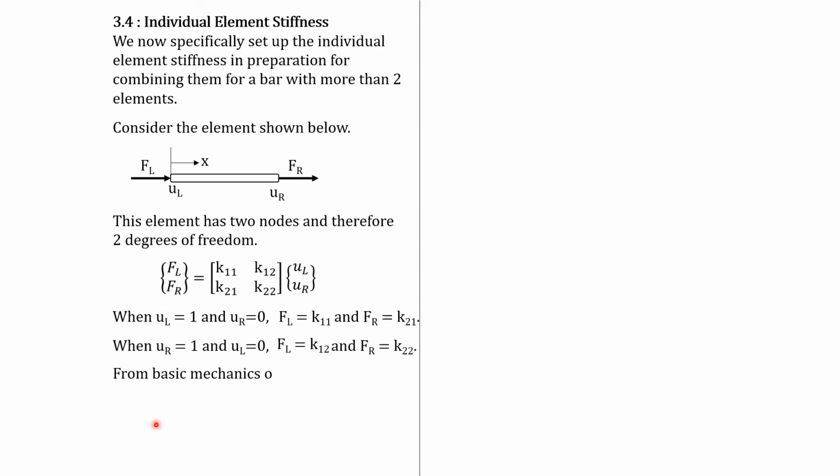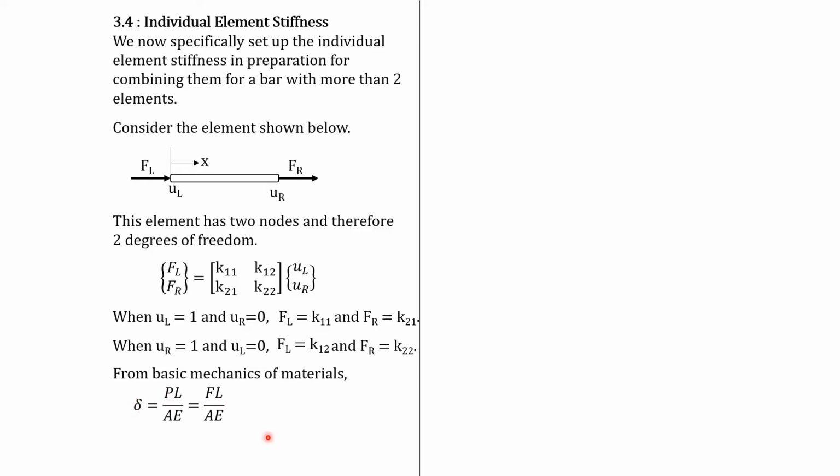So from basic mechanics of materials, we have deflection equals force times length over AE, or in this case, FL over AE. Therefore, F is equal to AE over L times delta.